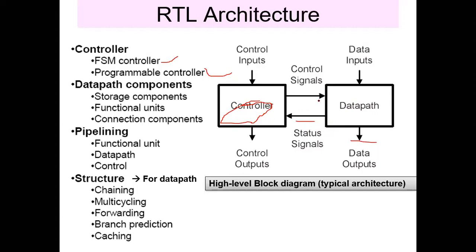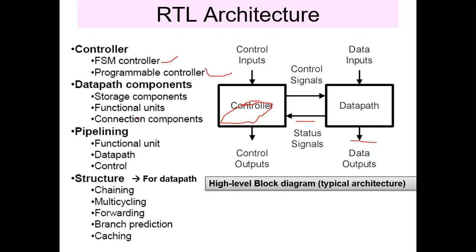So basically, the RTL architecture will have two sections: a controller section and a data path section. The data path consists of different functional units as well as input and output registers. Depending upon the control signals from the controller, the operation to be executed by the data path is selected and executed, and the outputs are given as the data output.